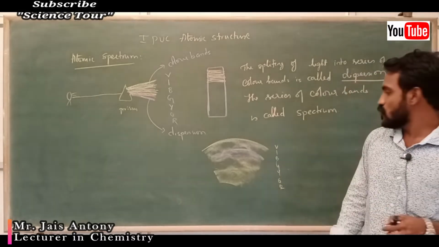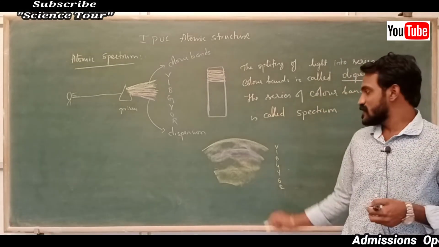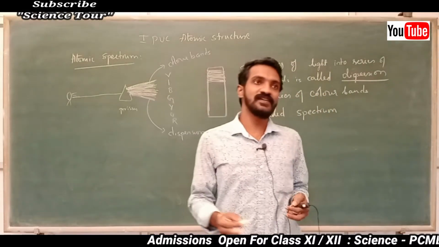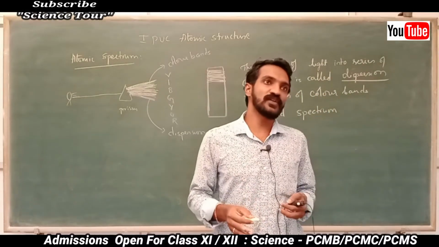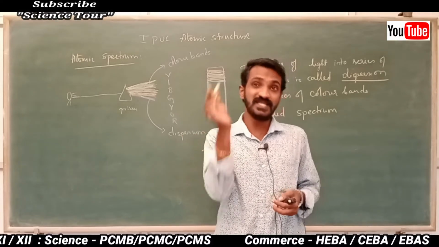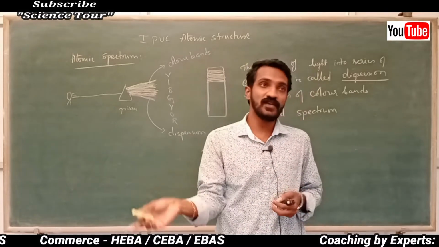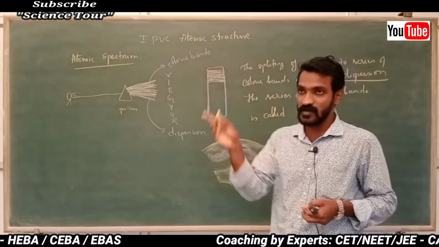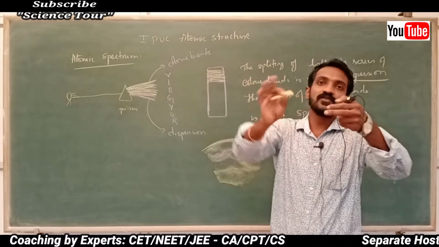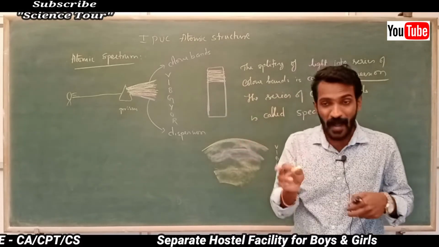Violet, indigo, blue, green, yellow, orange, red. Here you can see the different colors arranged in the rainbow. How is it arranged? One color merges over another color, correct? Violet merges over indigo, indigo merges over the next, that means one overlaps with another, and there is no gap between colors.